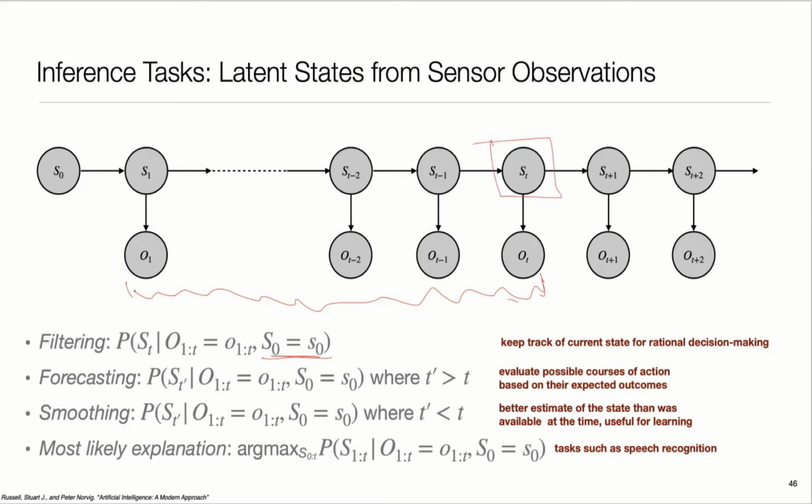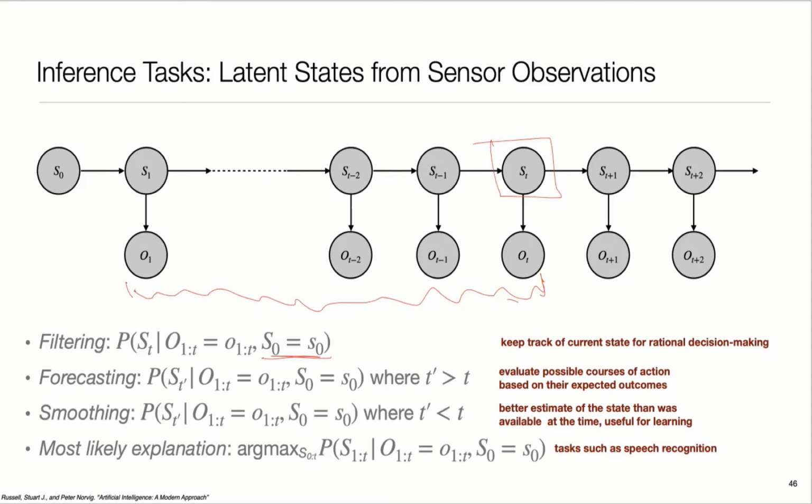That's what we are interested in, and that problem is called filtering. Of course, we want to do this efficiently, because my history is ever growing. Hopefully, we can do some simplifications so that we don't have to keep track of the entire history and so forth. But that's the problem itself.